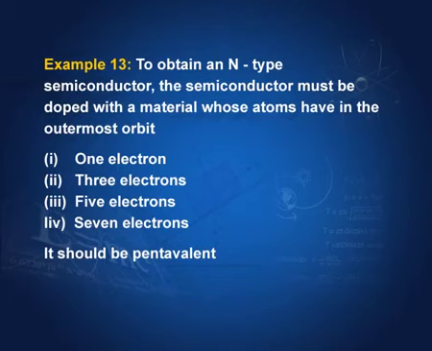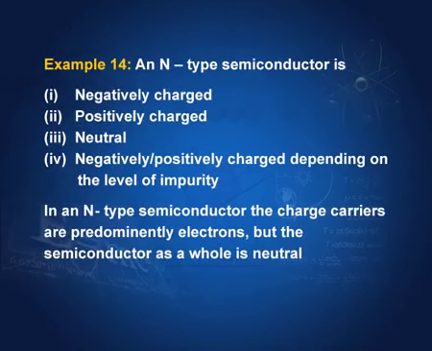To obtain an n type semiconductor, the semiconductor must be doped with a material whose atoms have in the outermost orbit how many? 5. It must be a pentavalent, so that one of the electrons is extra to roam about and contribute to conductivity. An n type semiconductor is, this is a very important question, please note it.